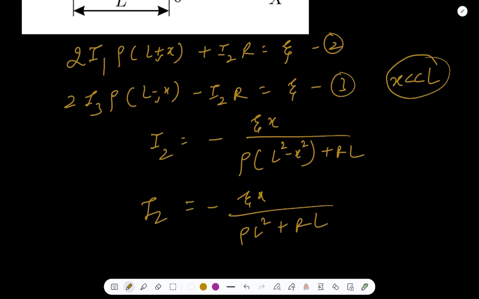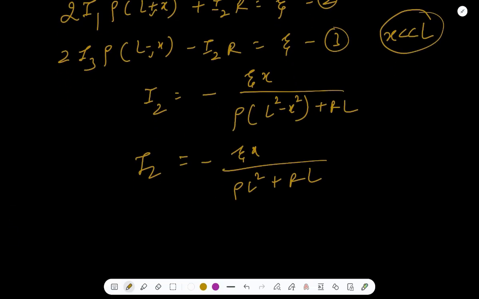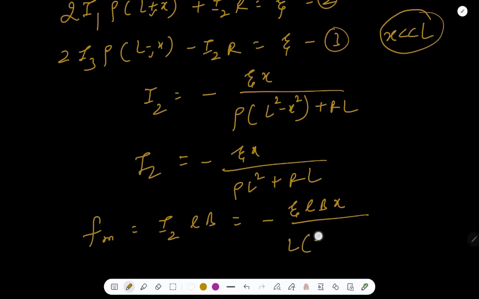The jumper is in a magnetic field and carrying a current, so a magnetic force is going to act on it. And what will that magnetic force be? That magnetic force will be I2 L B. L and B are perpendicular to each other, so I L cross B becomes simply I2 L B. Put down the value of I2 and you will get minus E L B x divided by L rho L plus R. These are the things.